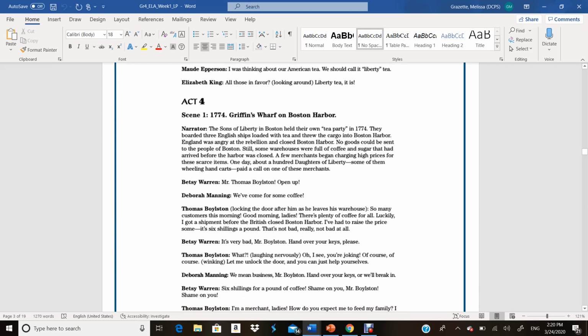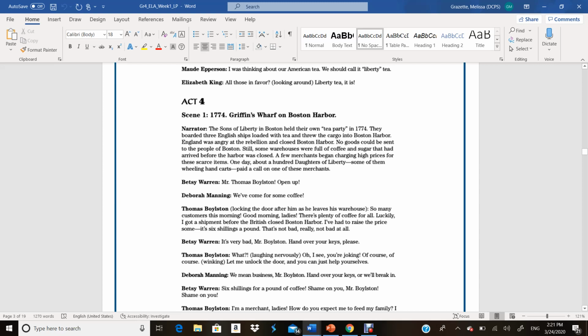Narrator. The Sons of Liberty in Boston held their own tea party in 1774. They boarded 3 English ships loaded with tea and threw the cargo into Boston Harbor. England was angry at the rebellion and closed Boston Harbor. No goods could be sent to the people of Boston.